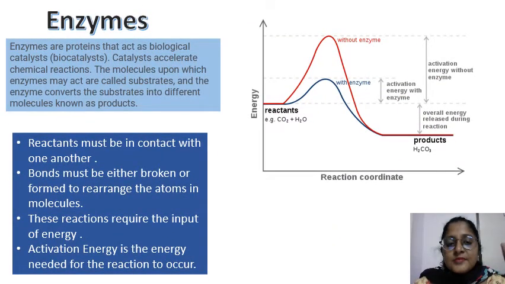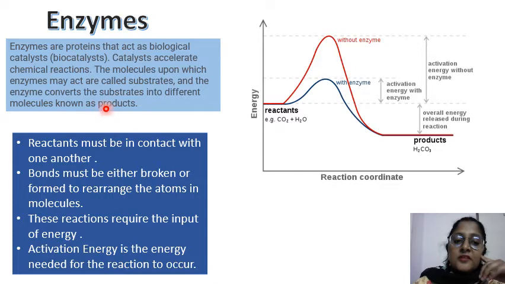So enzymes are protein in nature and they are biocatalyst or biological catalyst, as I've mentioned. These accelerate the chemical reactions or make the chemical reaction fast, and they also act upon some molecule which is known as the substrate, and they convert the substrate into some new product.